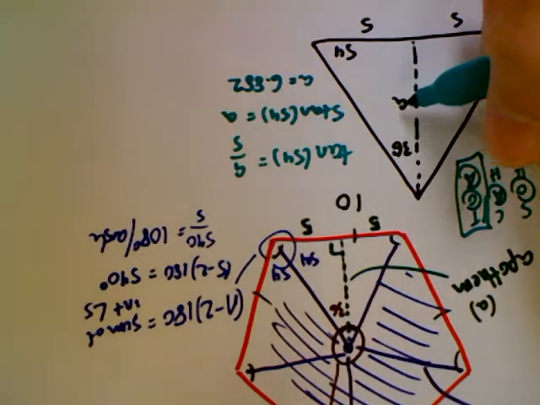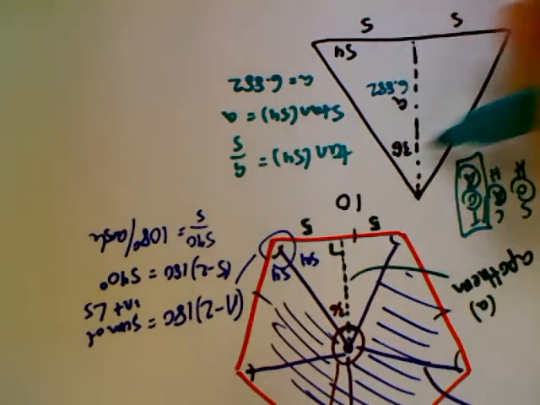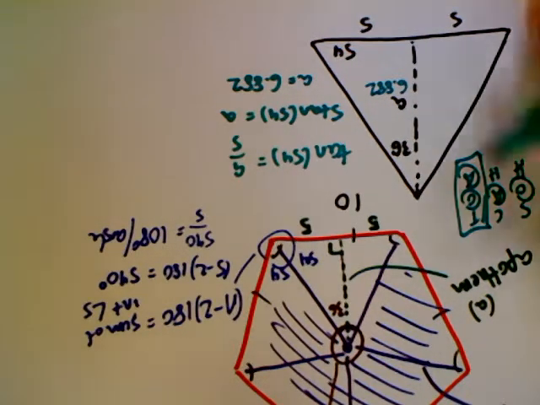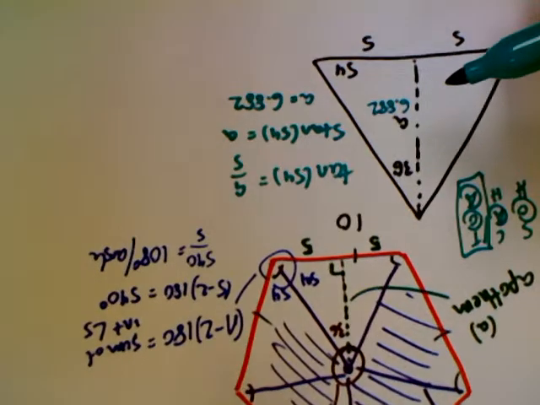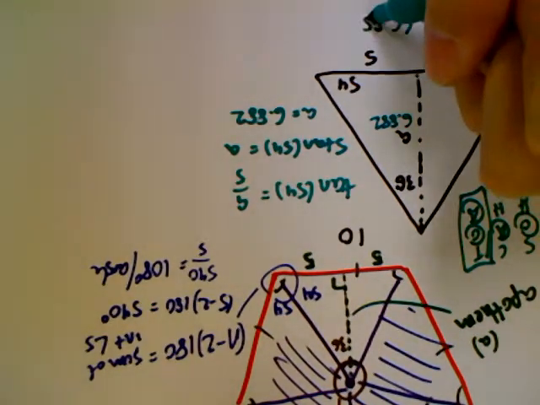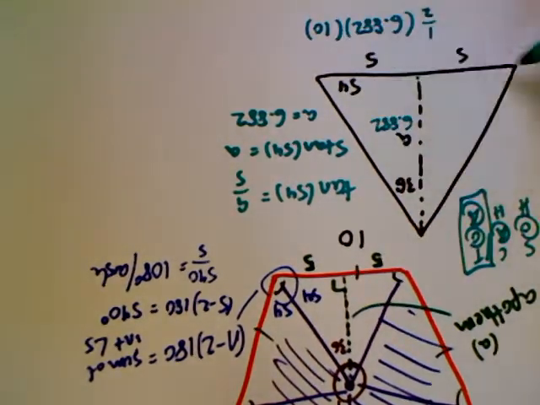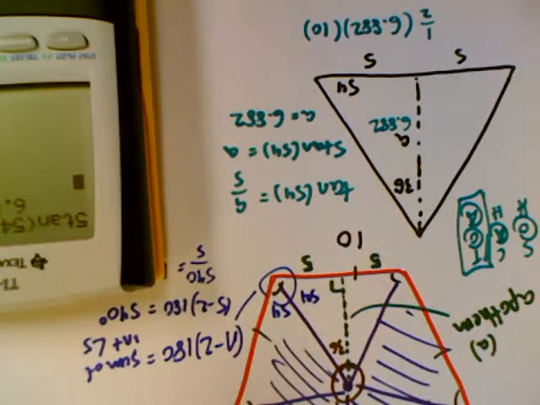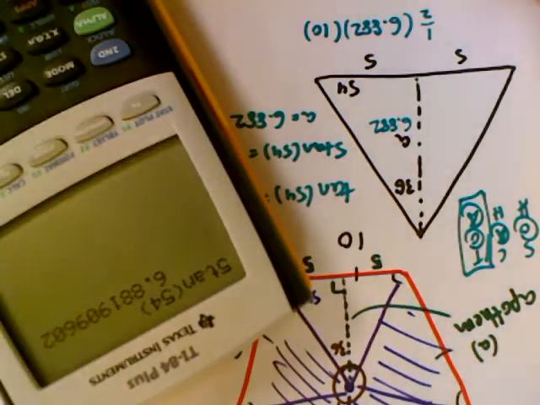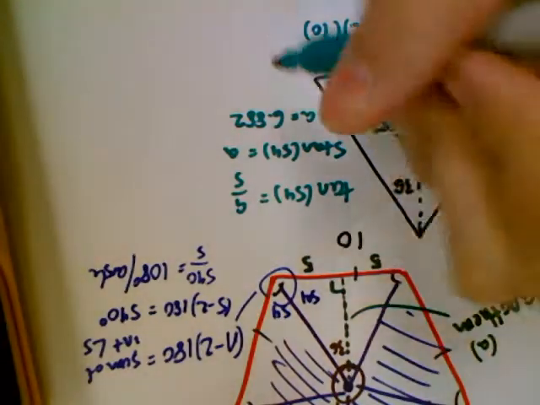All right, so that is 6.882, which is great because now I can find the area of this triangle, which is 1/2 the height times the base, which is 5 and 5, which is 10. So if I do that, 1/2 times 6.882 times 10, and you get 34.41.